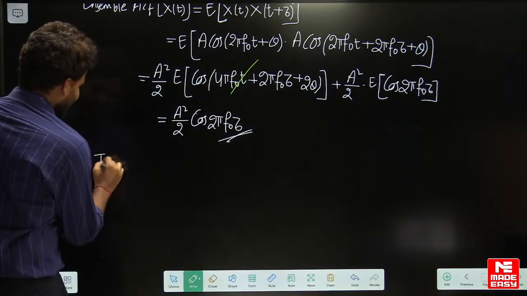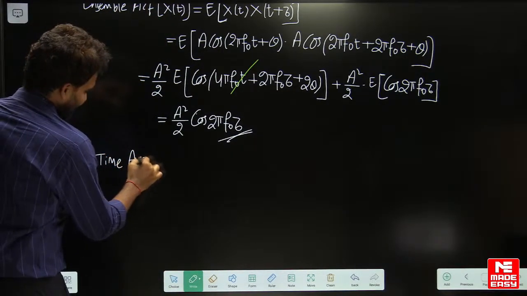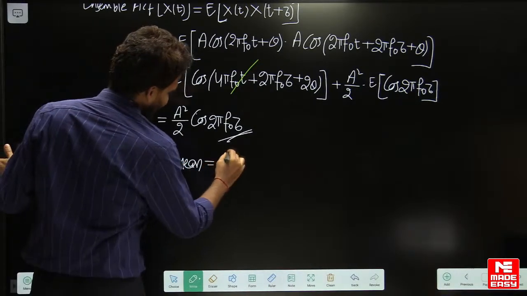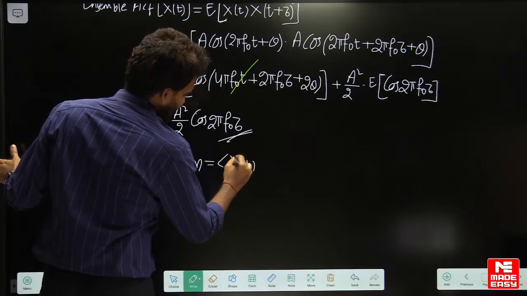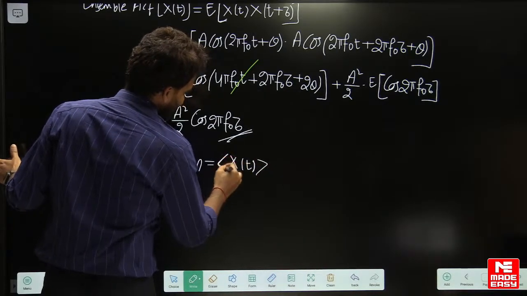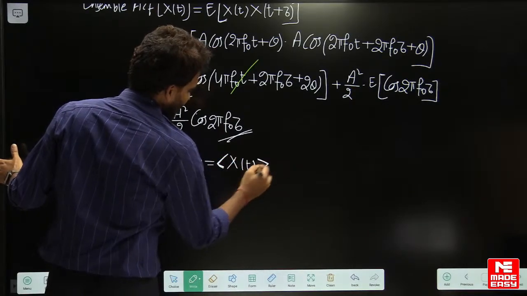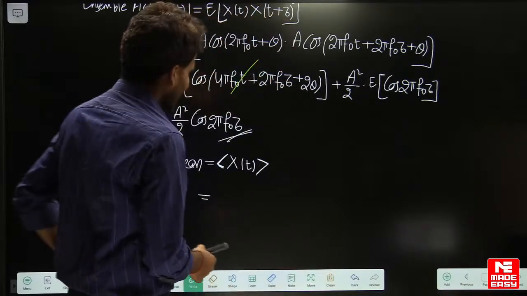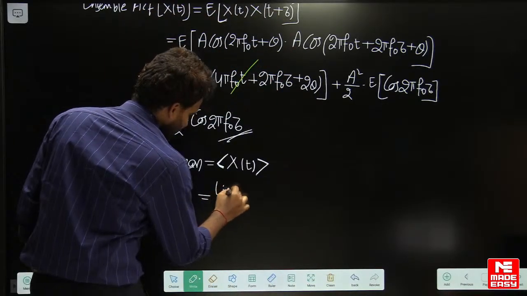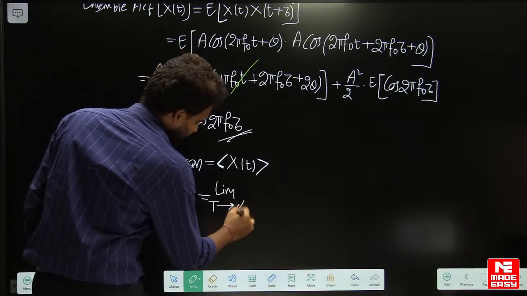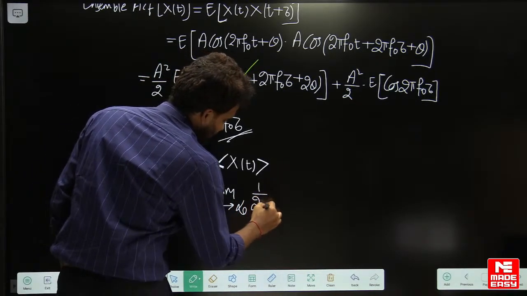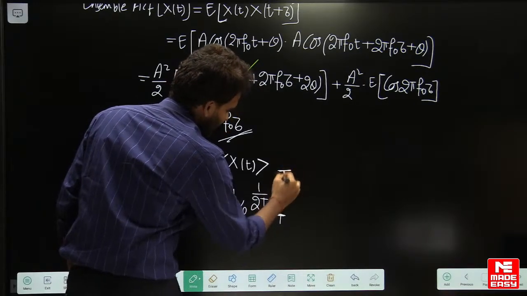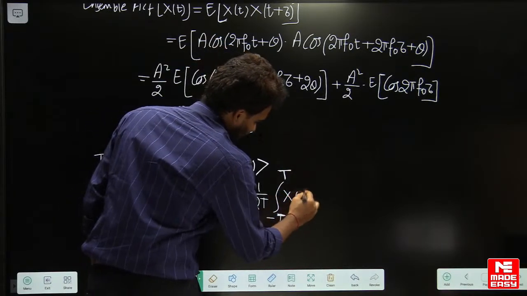So if you see the time average mean, we denote it with special brackets like this. What is the mathematical formula to be used? Limit T tends to infinity, 1 by 2T, integration from minus T to T of xt dt.